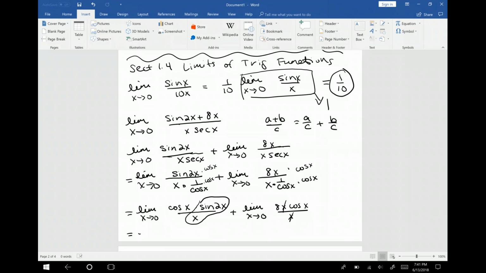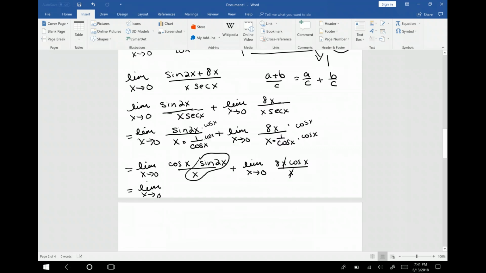If I write the limit as x goes to 0, and then let's say that I multiply the top and the bottom by 2. Then I would have 2 cosine of x over x times sine of 2x.